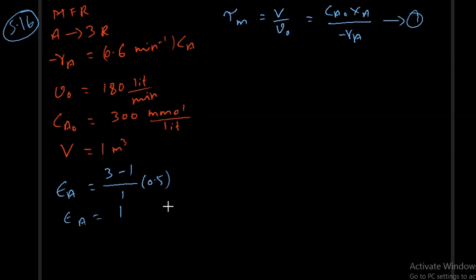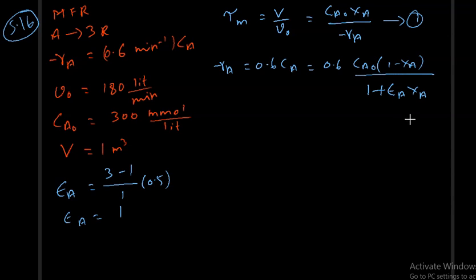So what is the rate of reaction? Minus RA is equal to K into CA. So minus RA is equal to 0.6 CA. So we can write this CA as CA naught into (1 minus XA) divided by (1 plus epsilon A XA).